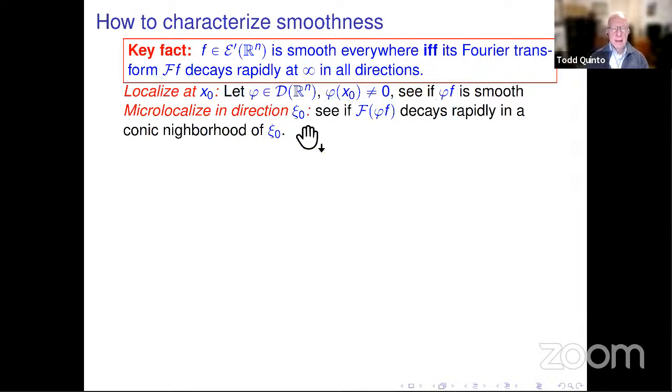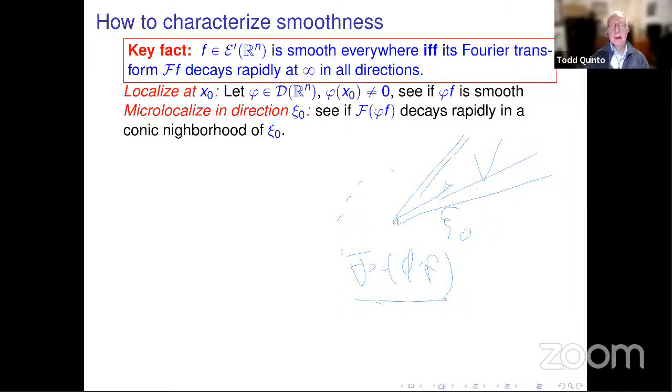And that is, we take a direction, c0, and we look at the Fourier transform of phi f, and we don't ask whether this localized Fourier transform decays everywhere, but we just ask whether it decays in some conic neighborhood of c0. It could not decay outside of that neighborhood, but if it decays in that neighborhood, we have an idea that the function is smooth at the point x0 in this direction, c0.